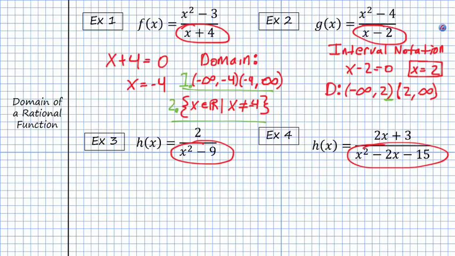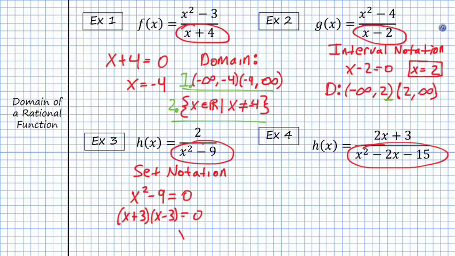Down here I'm going to use set notation. This is a little bit more interesting. Now I have x squared minus 9 is equal to 0. Well, remember, this is factorable, so I get (x plus 3)(x minus 3) is equal to 0.